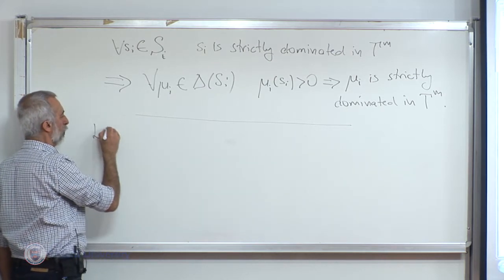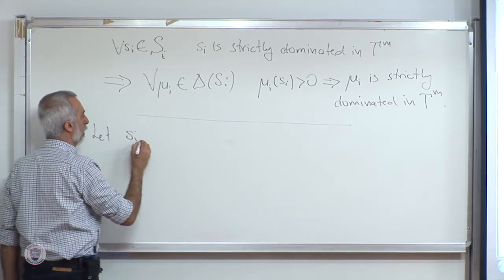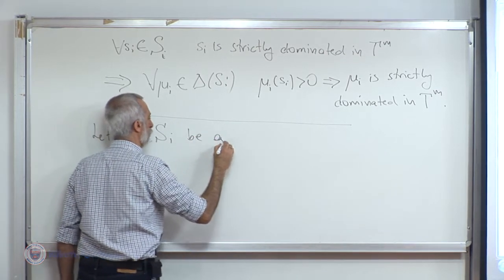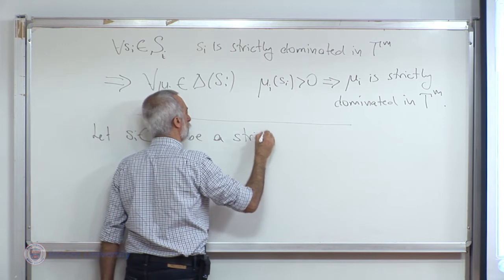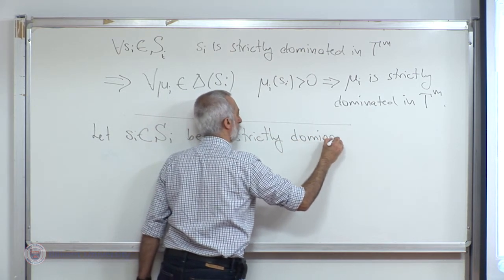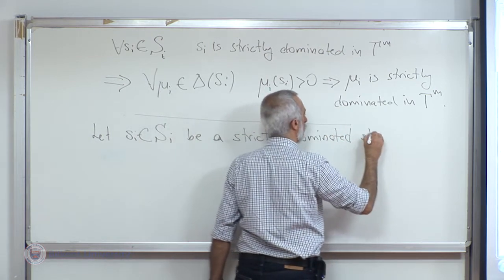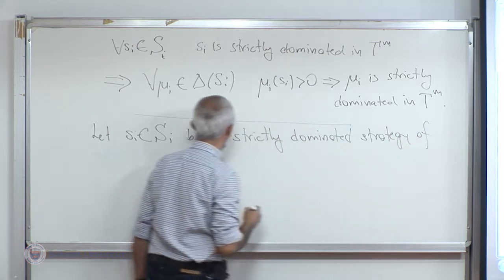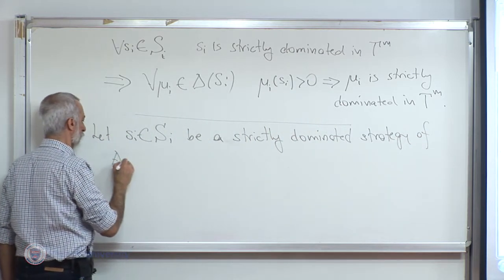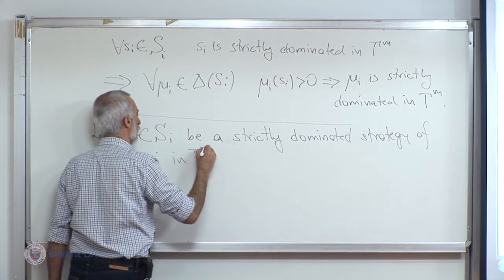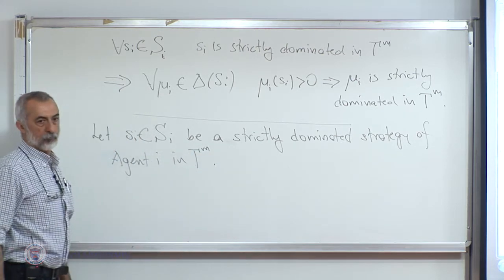So we'll start the proof. Let SI in capital SI be a strictly dominated strategy of agent I in the mixed extension game.